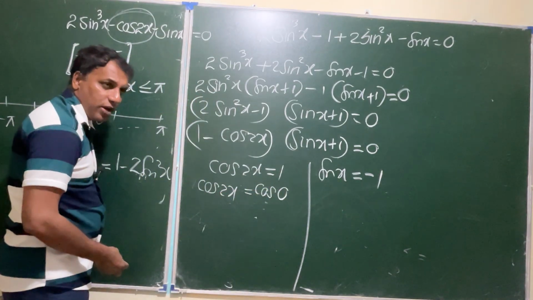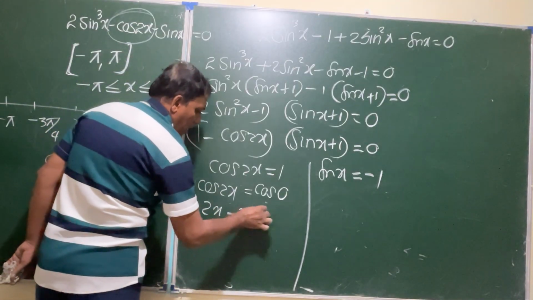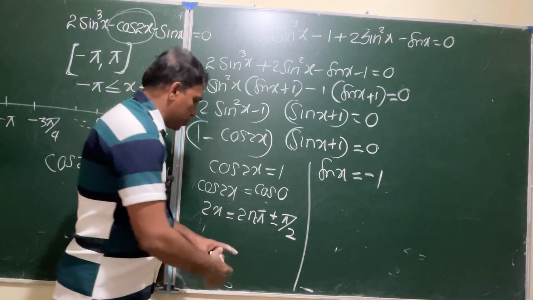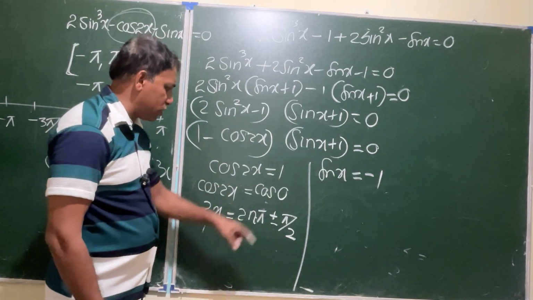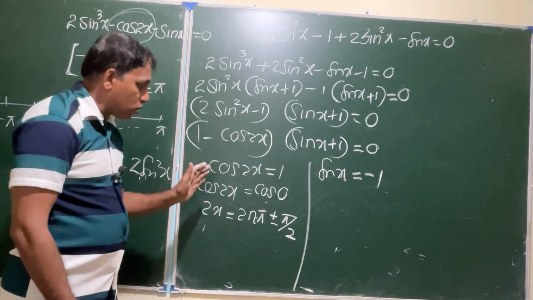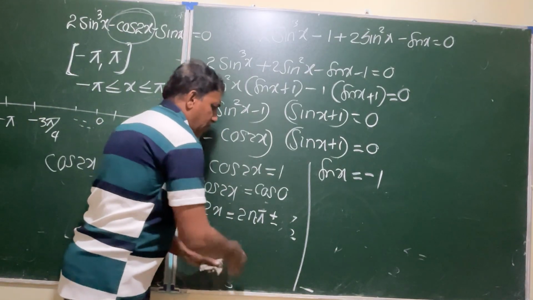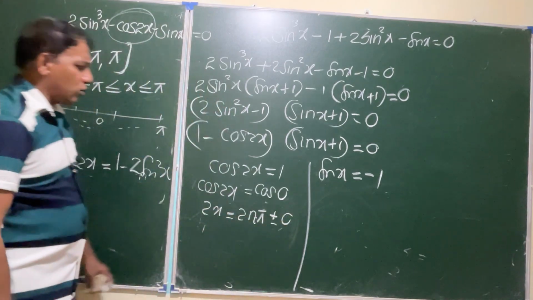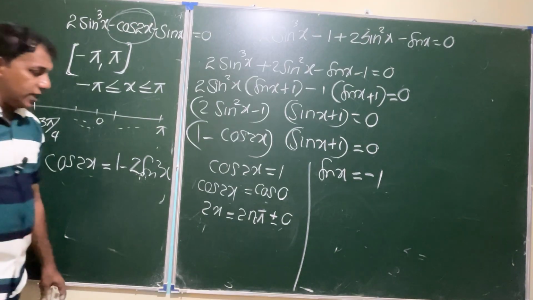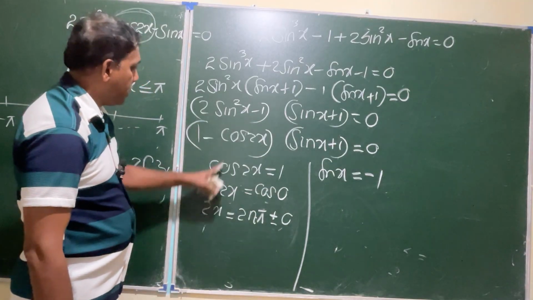Then theta equal 2n pi plus or minus alpha. Therefore 2x equal 2n pi plus or minus pi by 2.